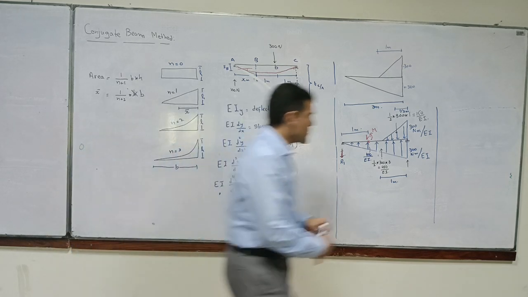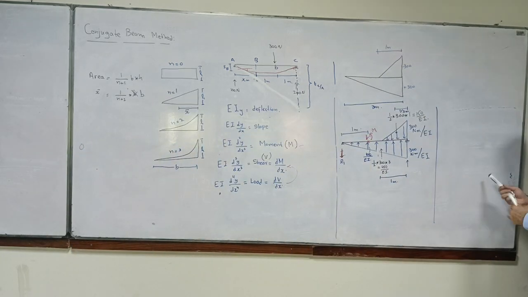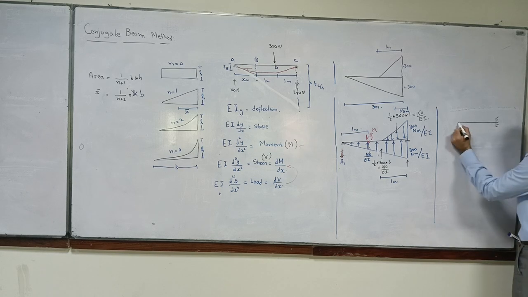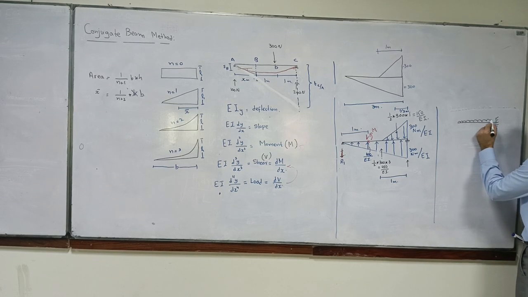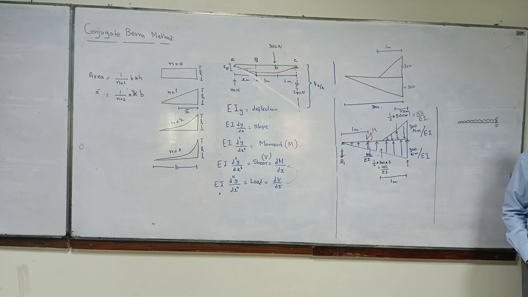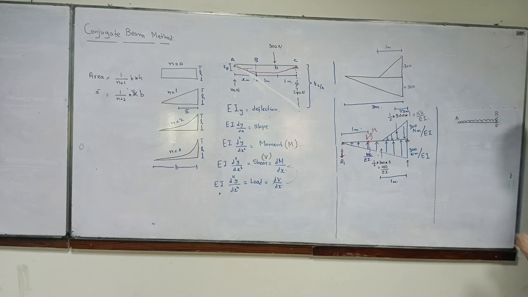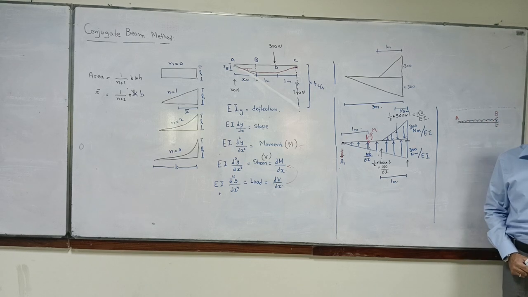But what if I have a fixed, a cantilever beam which is subject to loading? I am asked to find out deflection at these points. Deflection at A. How can I do that?